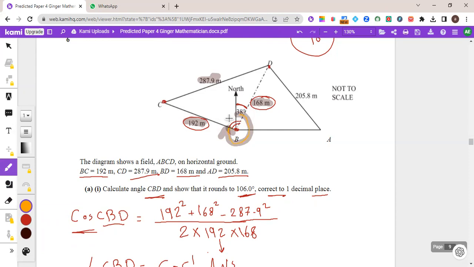So I know that this part is 106. And I know this part is 38.